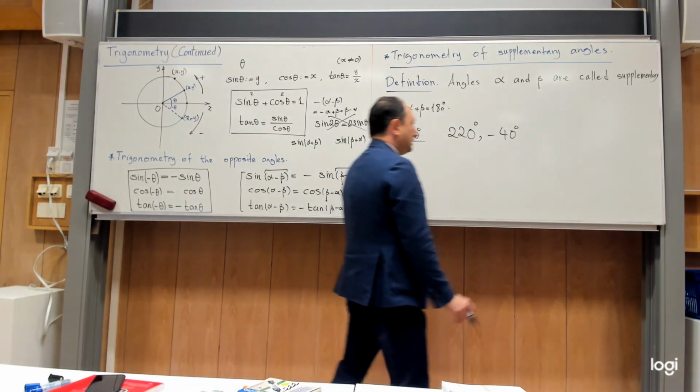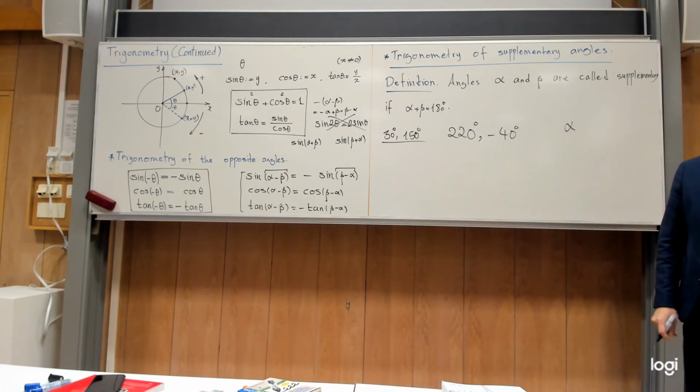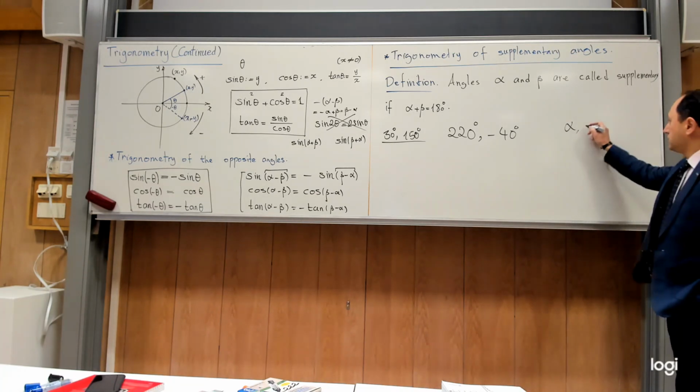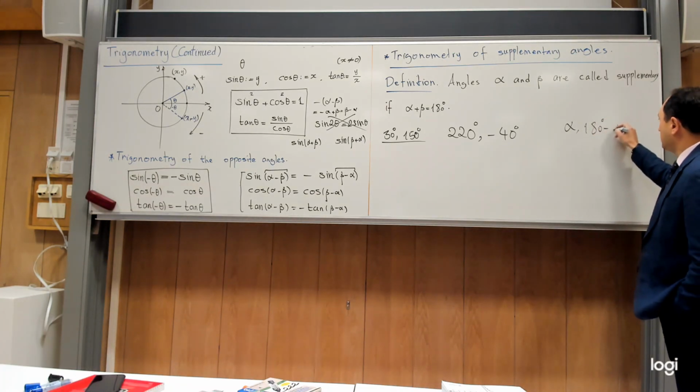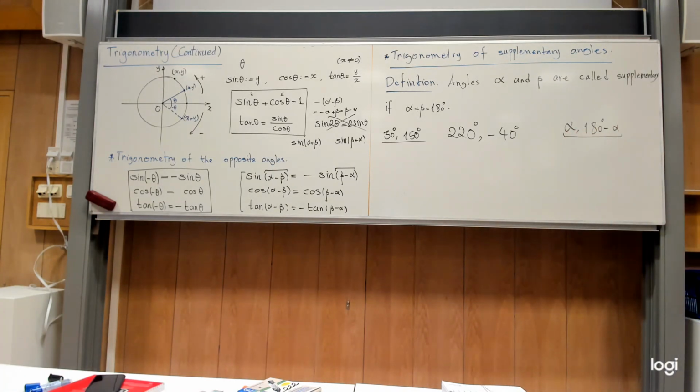And by the way, can you tell me what is the supplement of alpha? What is the supplement of alpha? Yes? 180 minus alpha. So let me just add this one in my list as well. This is why in the book you see this combination always: 180 minus alpha and alpha, but they mean they are supplementary, okay?